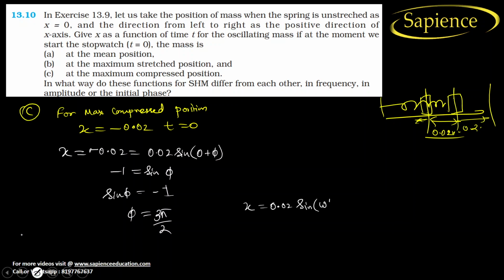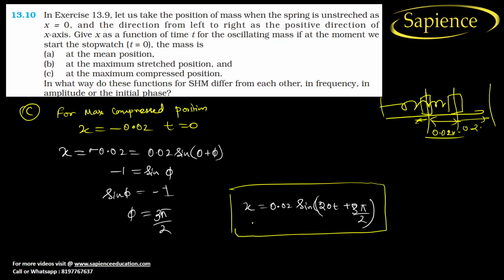It is not omega t, it is 20t. So we need to put here sine 20t plus phi, and in place of phi we have to put 3 pi by 2. So this is our desired equation for this case. Hope you have understood this.